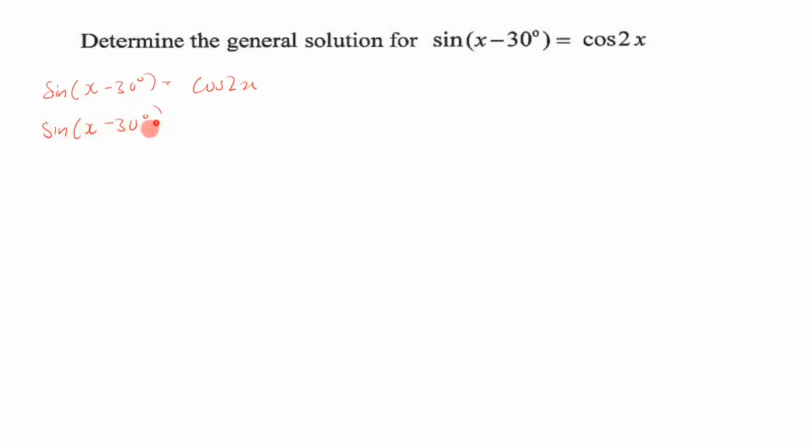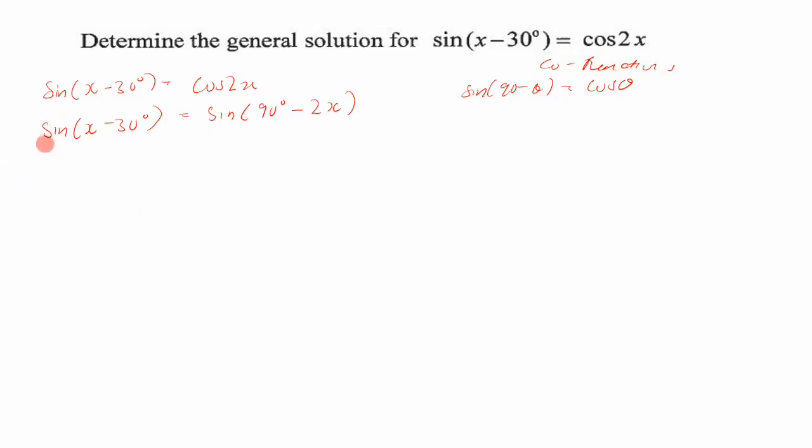So this is sin(x minus 30), and we're going to write cos 2x as sin(90 degrees minus 2x). We know that sin(90 minus theta) is the same as cos theta. We call these cofunctions.